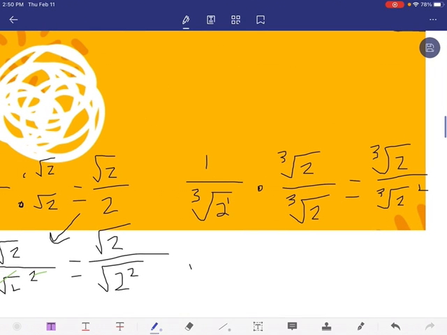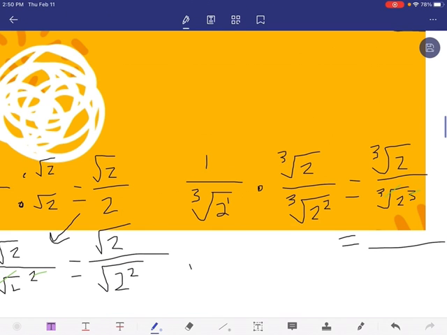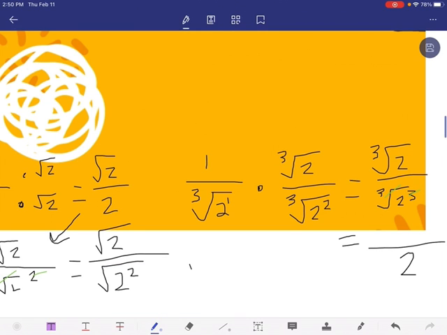So notice here that if I start with a 2 to the first, and I need to get it to a 3 this time instead of a 2, notice that if we multiply by 2 squared, now we have 2 to the third, which is what we need because my third root now reduces with my third exponent, and we just end up with 2.